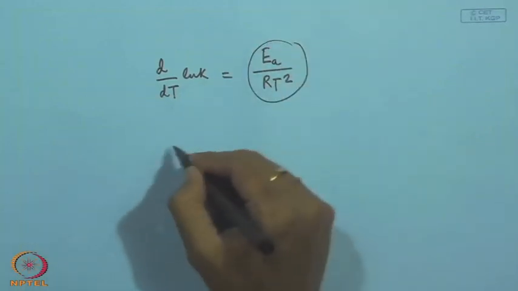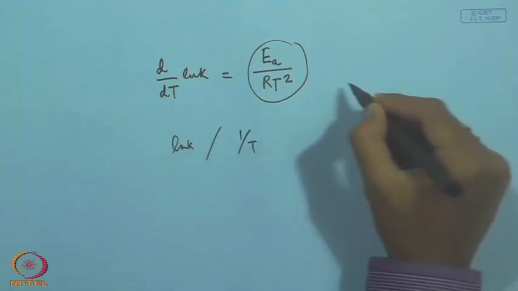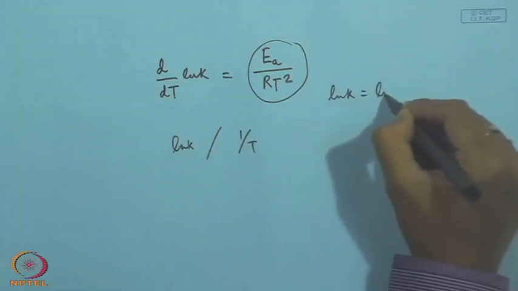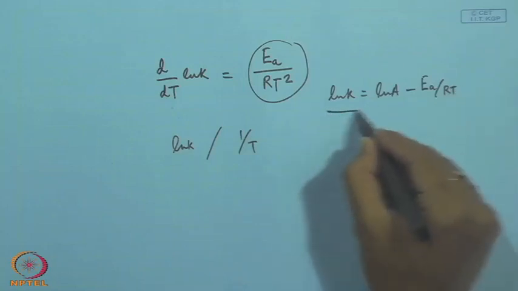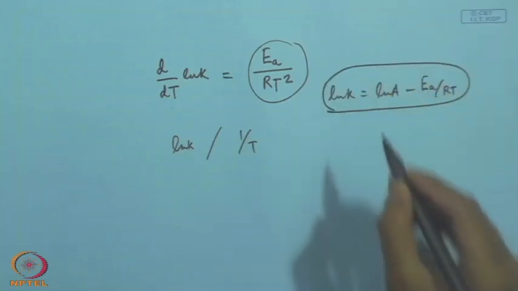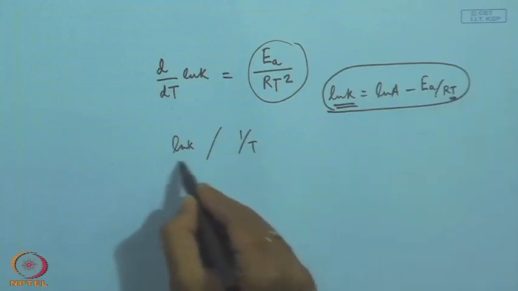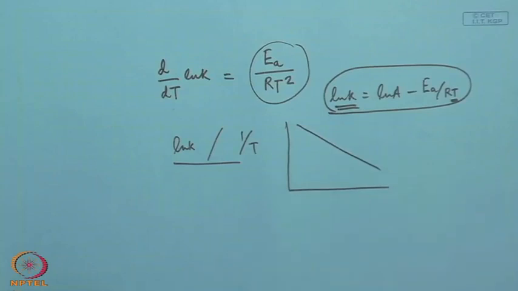Therefore, if you plot ln k versus 1/T, if you take the logarithm of your original expression, then ln k = ln A - Ea/RT. If you plot this versus this, it will give you a straight line with a negative slope.